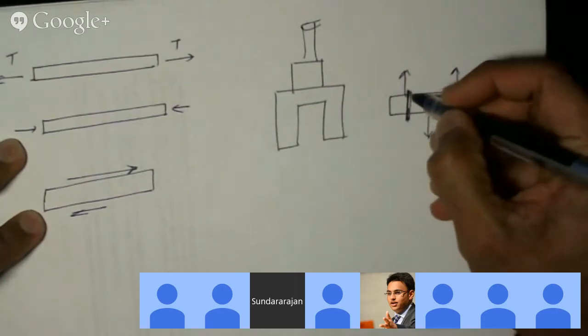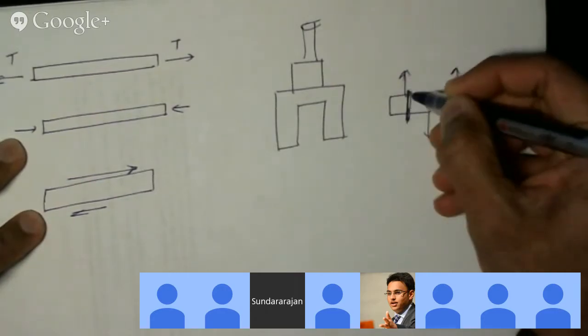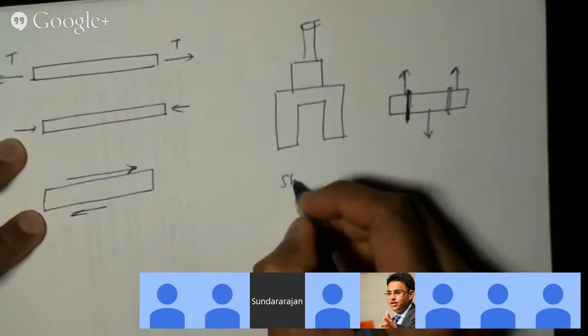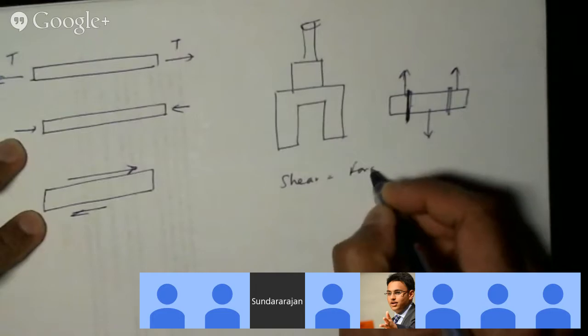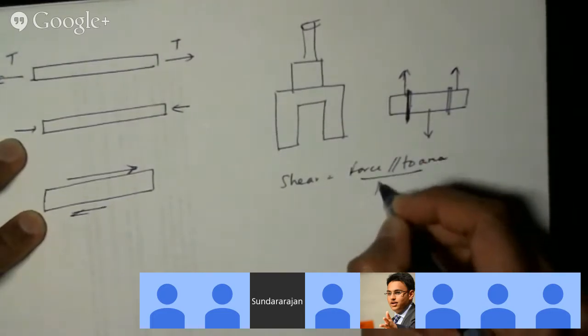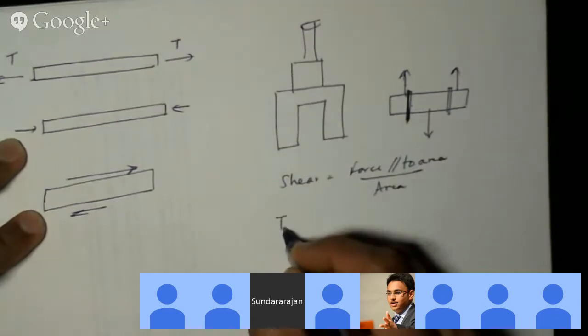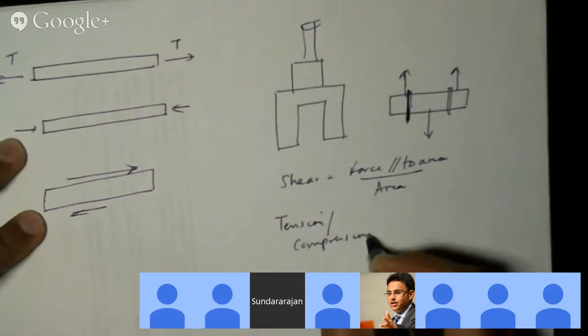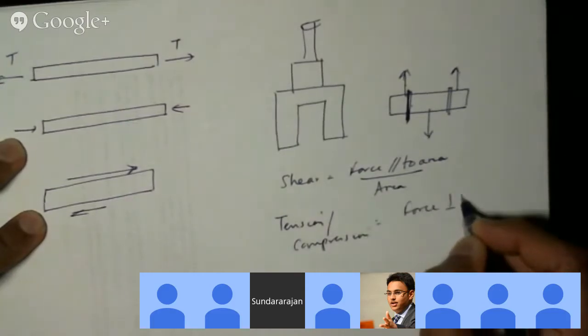And so the force is parallel to this area. So in shear, the force will be parallel to the area, and in tension or in compression, the force will be perpendicular to the area.